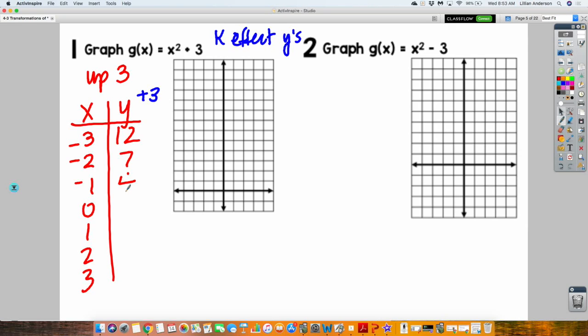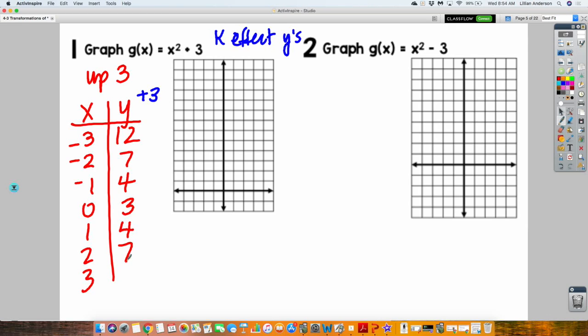I'm adding 3 to every single one of the original y values from the table that's sitting up there at the top that you guys have open, right? You see what I'm doing, where I'm getting these values from? What about the next one? It's going to be 4 because it was 1 plus 3. 7 because it's 4 plus 3. 12 because it's 9 plus 3.